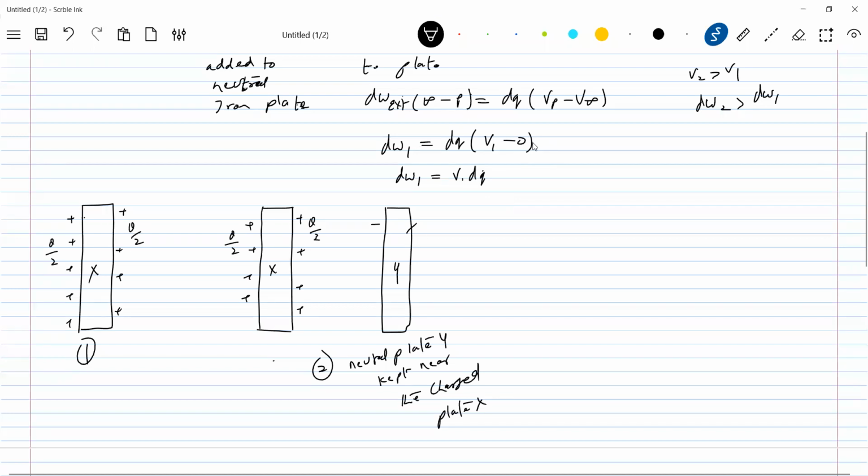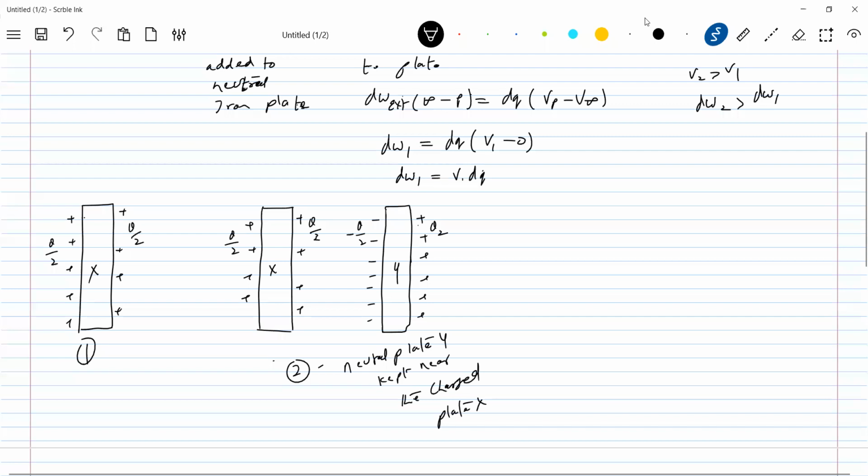In the second situation, neutral plate Y is kept near the charged plate X. What will happen to this plate? It will induce a charge. As it was neutral, it will induce charge minus Q by 2 to plus Q by 2.